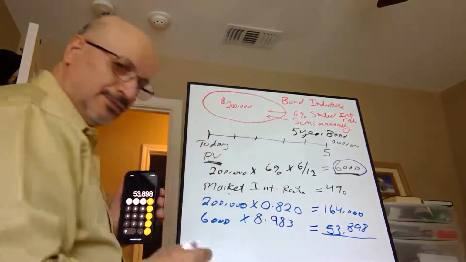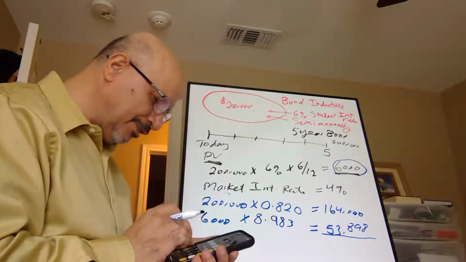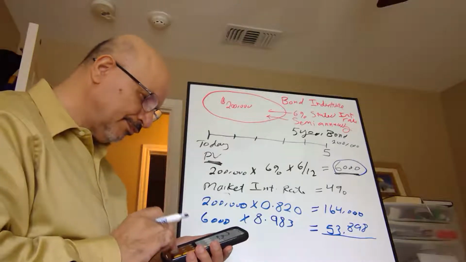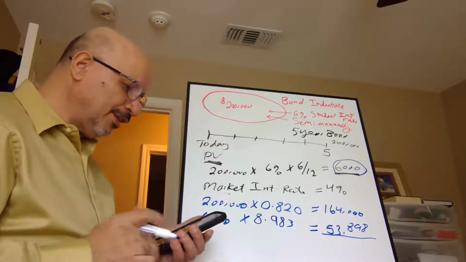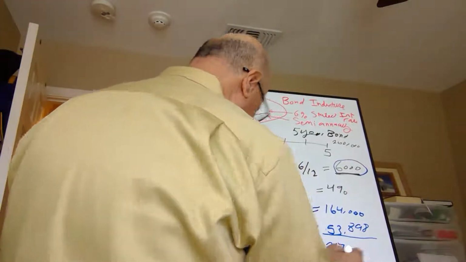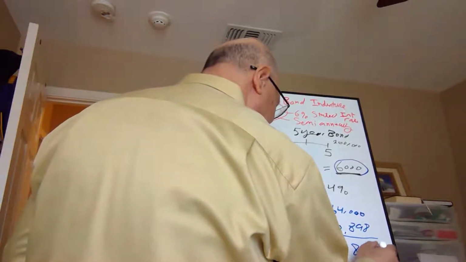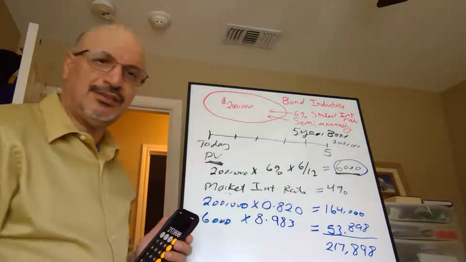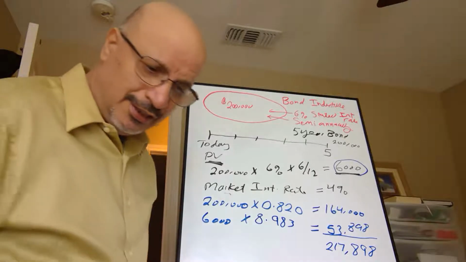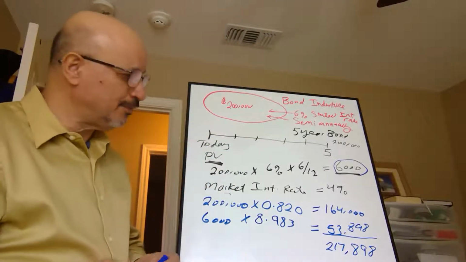Add the two: 53,898 plus 164,000 gives us 217,898. Is that okay based on what we said at the beginning? Yes, it is. We raise the price of the bond.